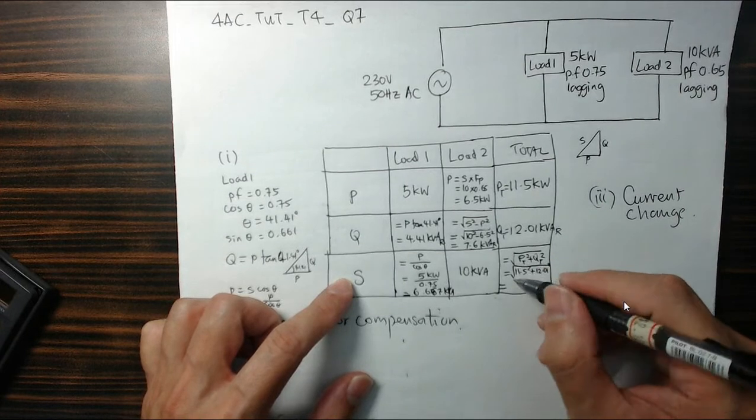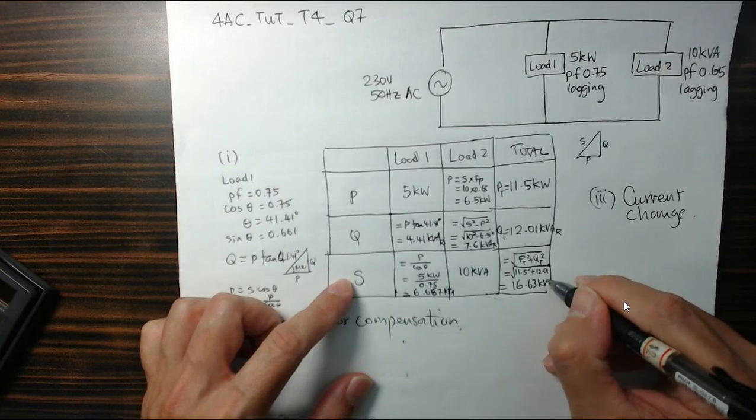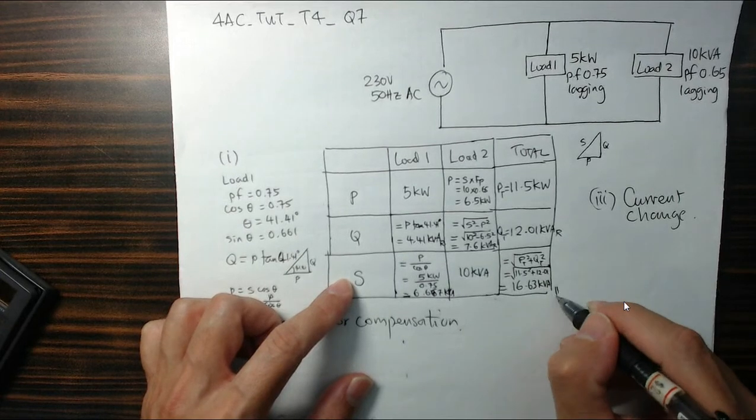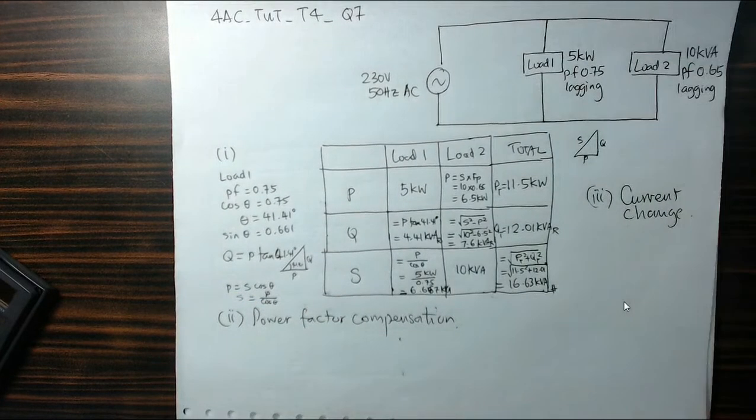That will give me a value of 16.63 kVA, the total apparent power for this circuit.